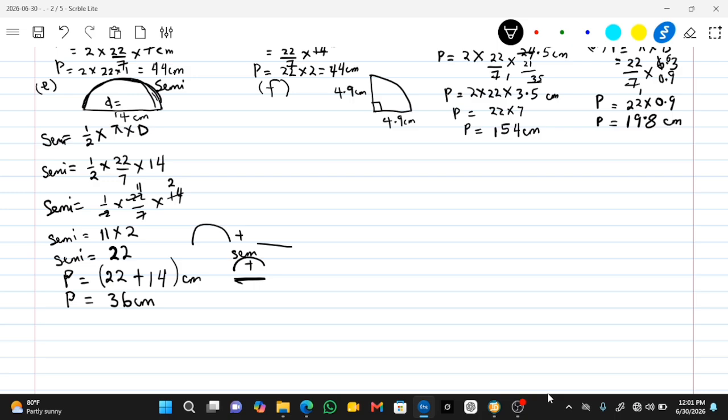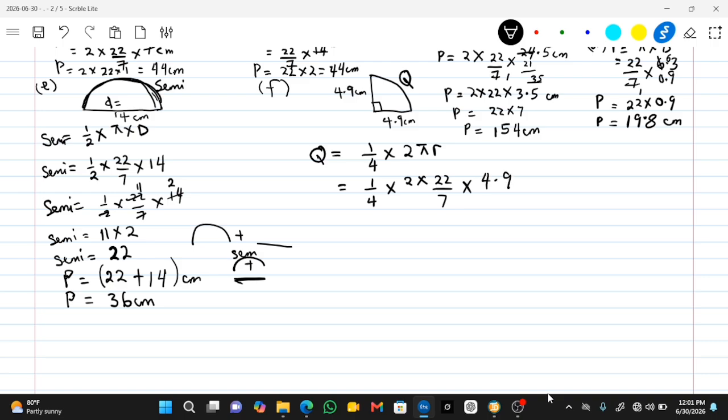So the last one, let me call this place Q. I won't make the mistake I made the other time. So let me start by saying Q equals 1/4 times, now notice the radius is given, so I'll say 2 pi r. So Q will give me 1/4 times 2 times 22/7 times 4.9.